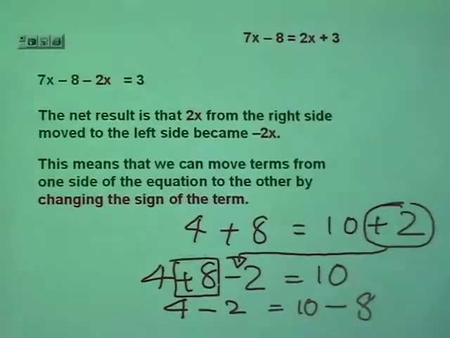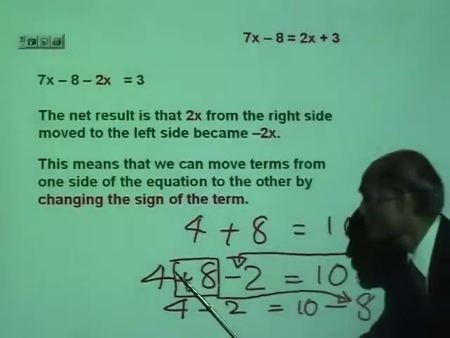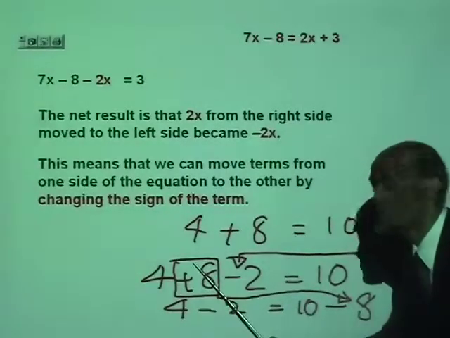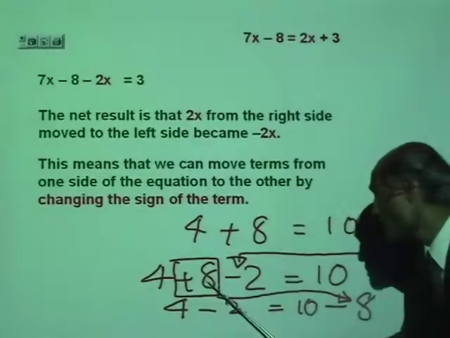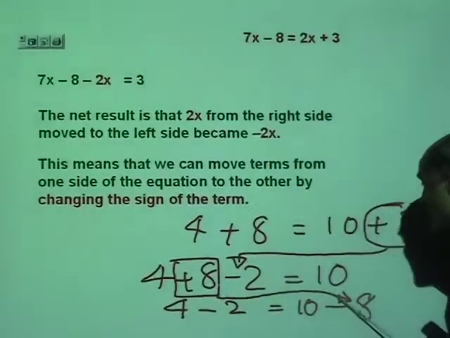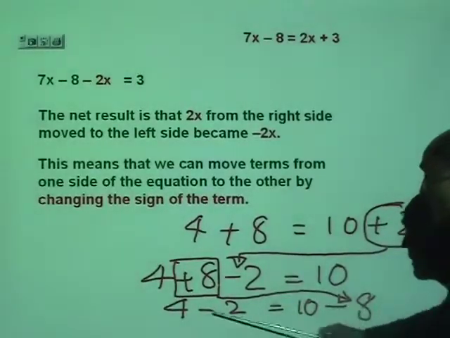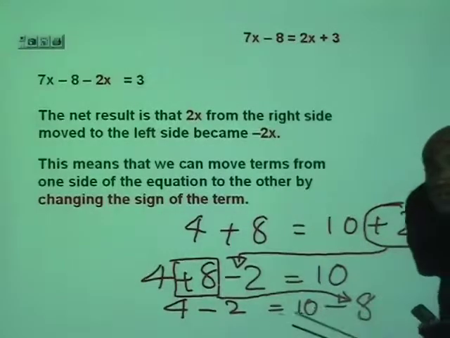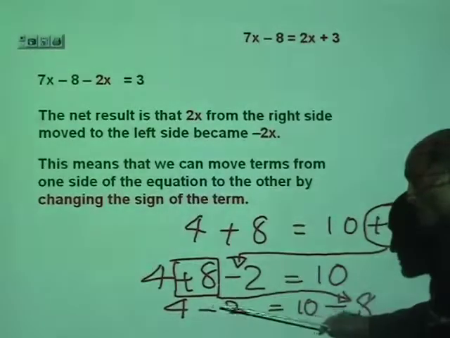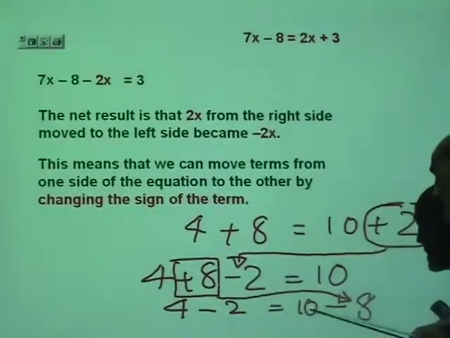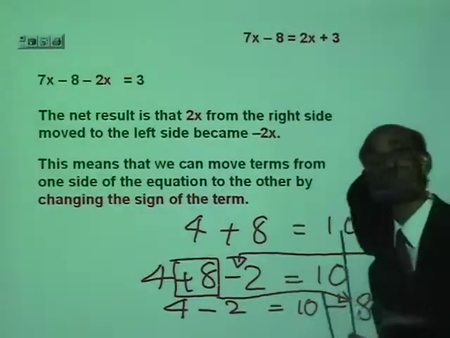This positive 8 from the left side, I moved it to the right. Is that right? This positive 8 that is originally on the left, I moved it to the right, it became negative 8. Now, is this equation now true? Yes, 4 minus 2 is 2, 10 minus 8 is also 2.